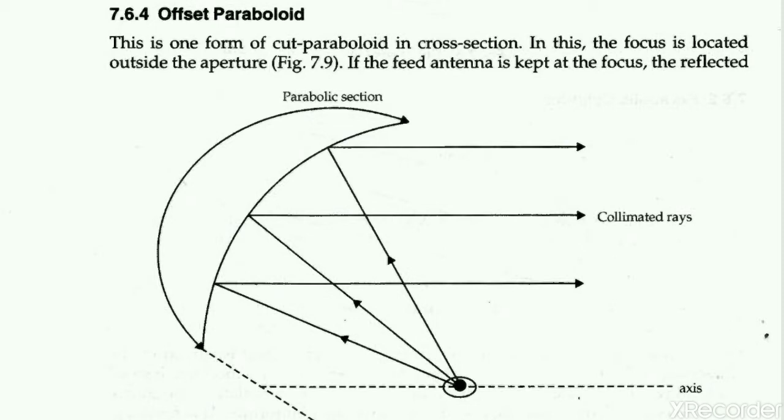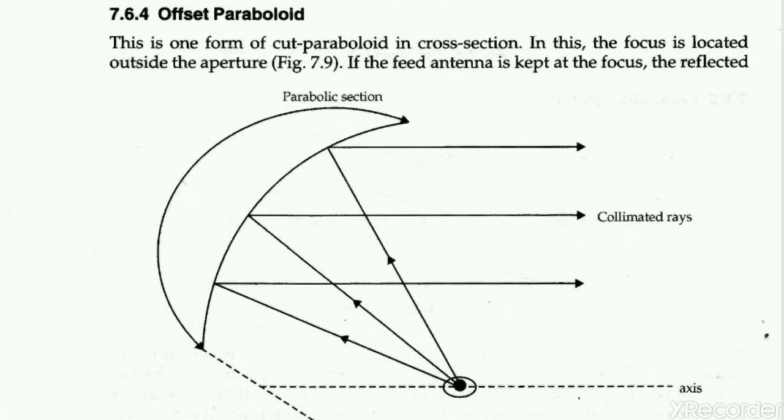So there are some advantages of this type of construction change in the offset paraboloid. We can see there are collimated rays which are reflecting from the reflector, and there will be no blockage for the collimated rays due to this focal point. The focal point is emitting electromagnetic waves or radio waves towards this reflector or parabolic section.